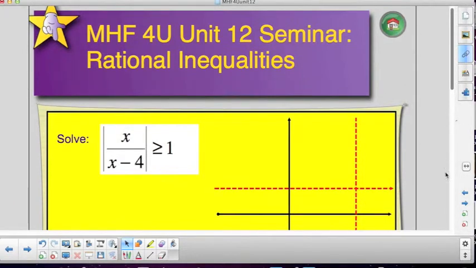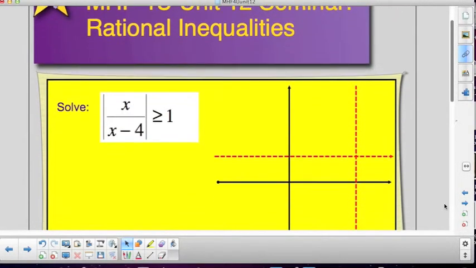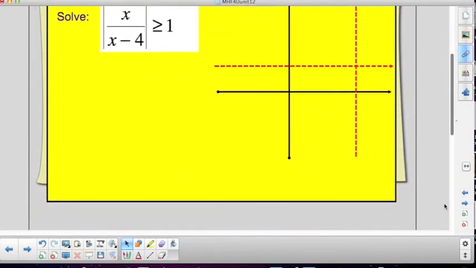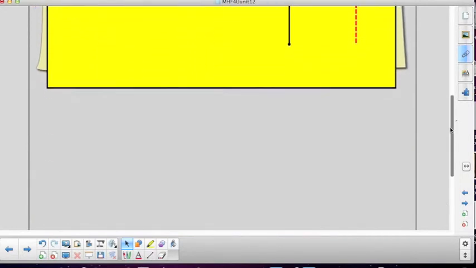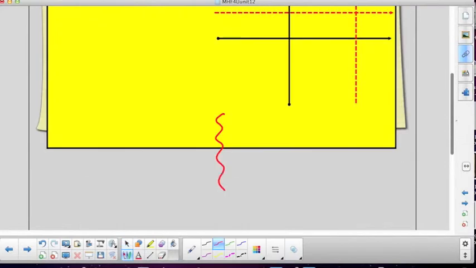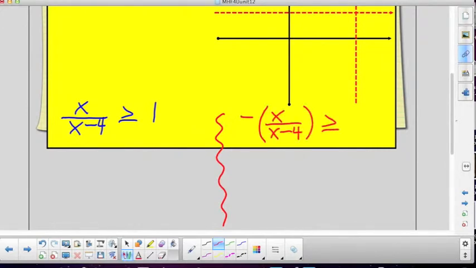But remember, when you have an absolute value function, you have to do 2 scenarios, the positive case as well as the negative case. If I have my positive scenario, I would just have the question as x over x minus 4 is greater than or equal to 1. But I also have to consider the negative case, meaning negative x over x minus 4 is greater than or equal to 1.